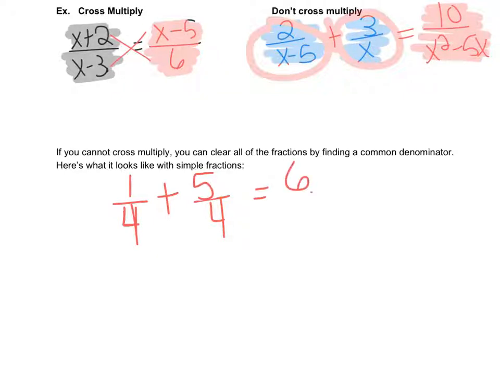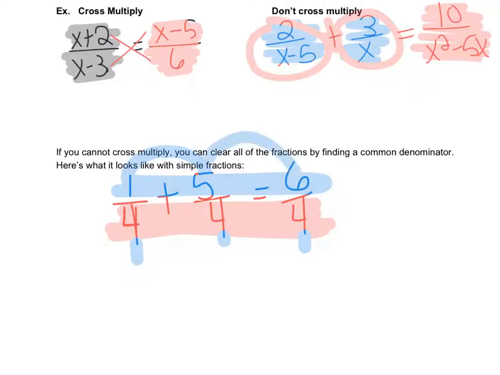Equals 6/4. If you notice how it works, as long as the denominators are all the same, the numerators make a true equation. As long as it has 4, 4, 4, everything in the denominator is the same, everything in the numerator makes a true statement. So 1 plus 5 equals 6.